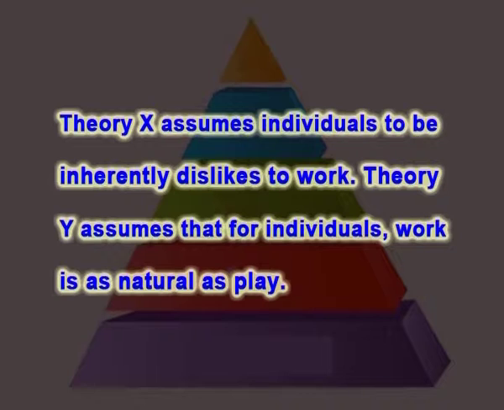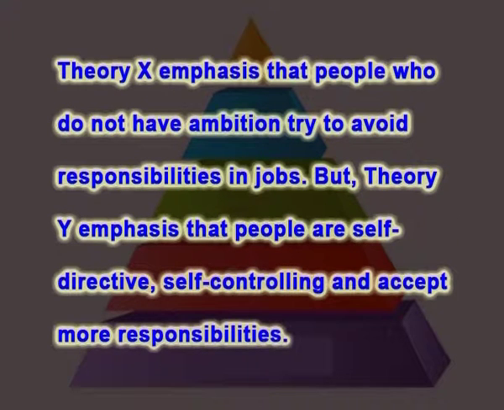Theory Y assumes that for individuals, work is as natural as play. Theory X emphasizes that people who do not have ambition try to avoid responsibilities in jobs, but theory Y emphasizes that people are self-directive, self-controlling and accept more responsibilities.